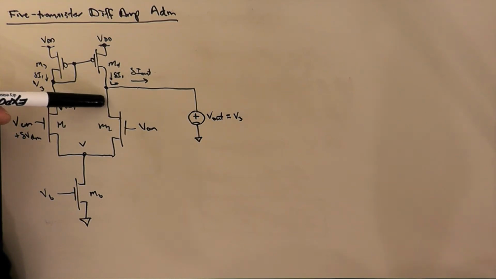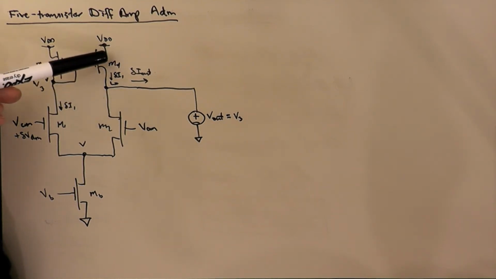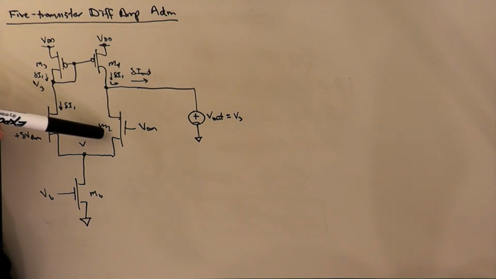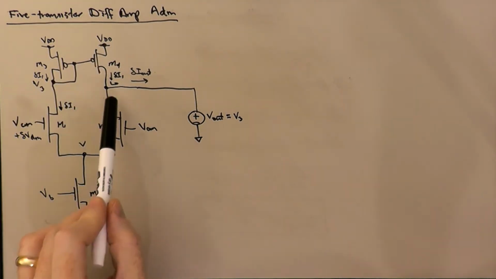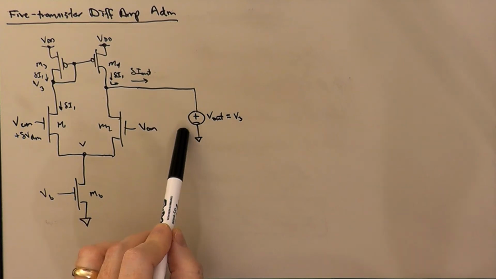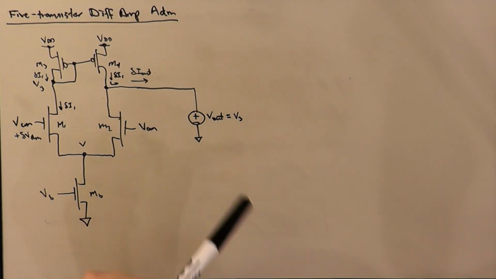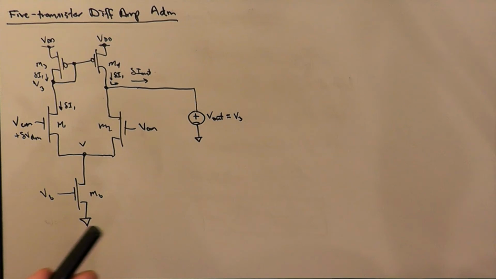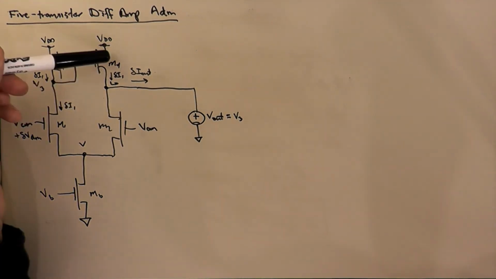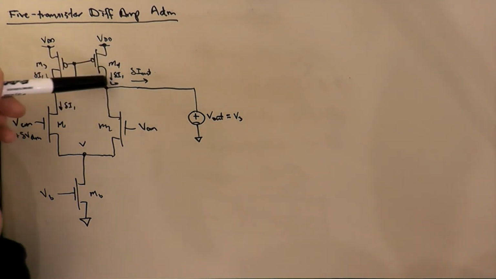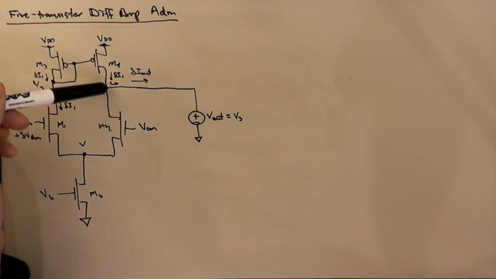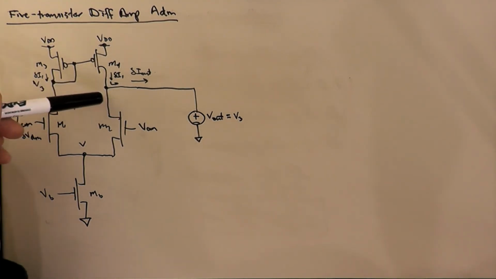But if that voltage is being held fixed, then there's no change in the voltage across either an early effect resistor here on M4 or an early effect resistor here on M2. And so you can't get any additional current flowing in either of those two. And so all of that delta I1 is going to go to the output voltage source. Another way of thinking about it is you have a current divider between any finite resistance connected here at the common drain node of M2 and M4.